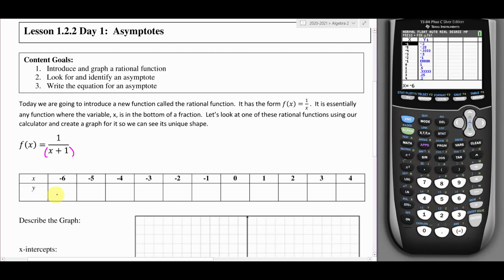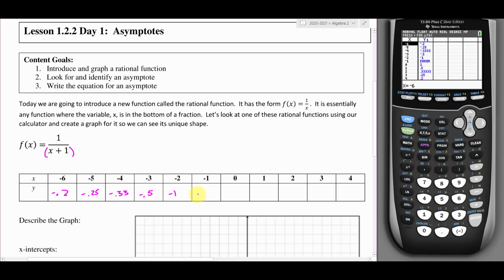So -6 has a value of -0.2, and then we have -0.25, and then we have -0.33, and then we have -0.5, then -1.